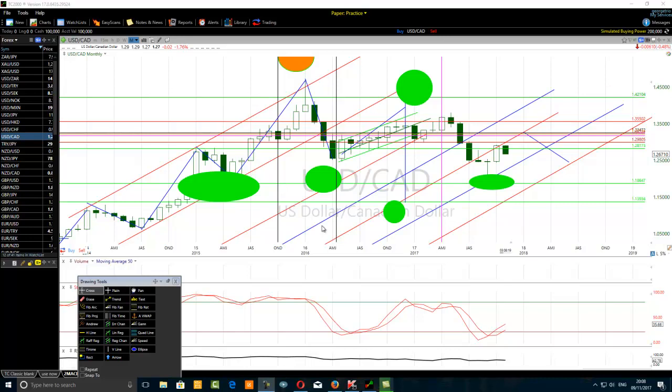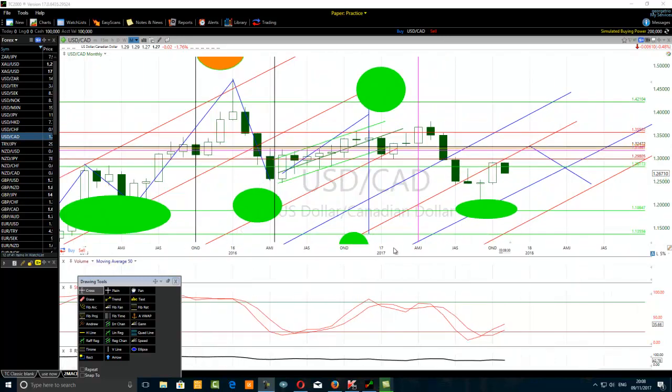When the signal is fired, people will be waiting to enter that trade, and you want to enter the trade together with those people.